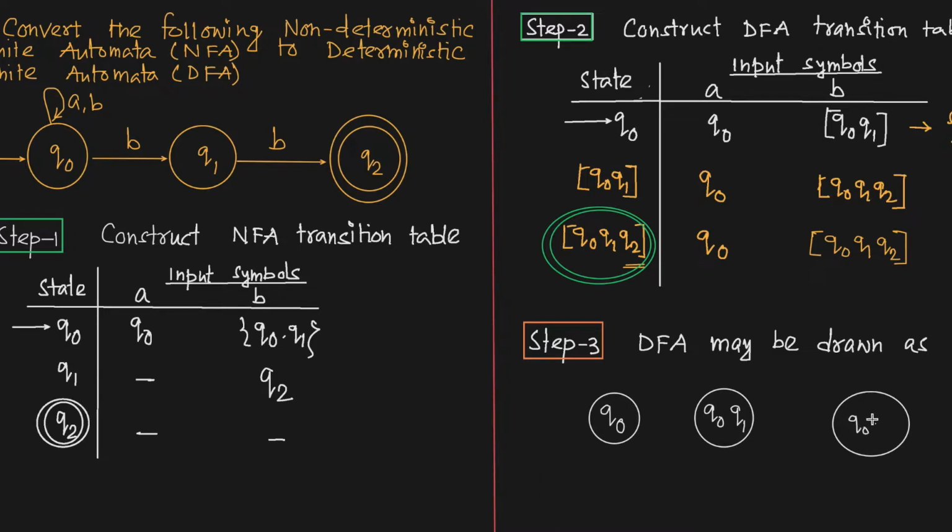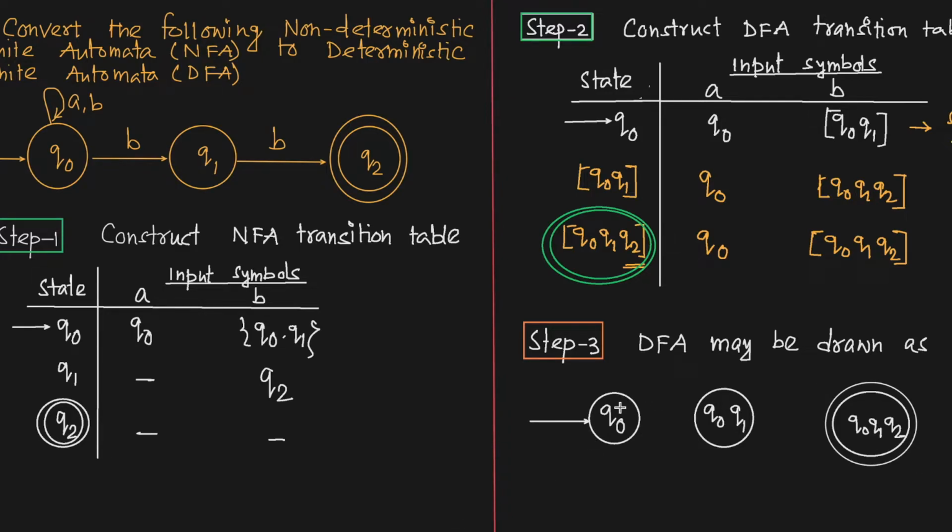Q0 is the initial state, and Q0 Q1 Q2 is our final state.